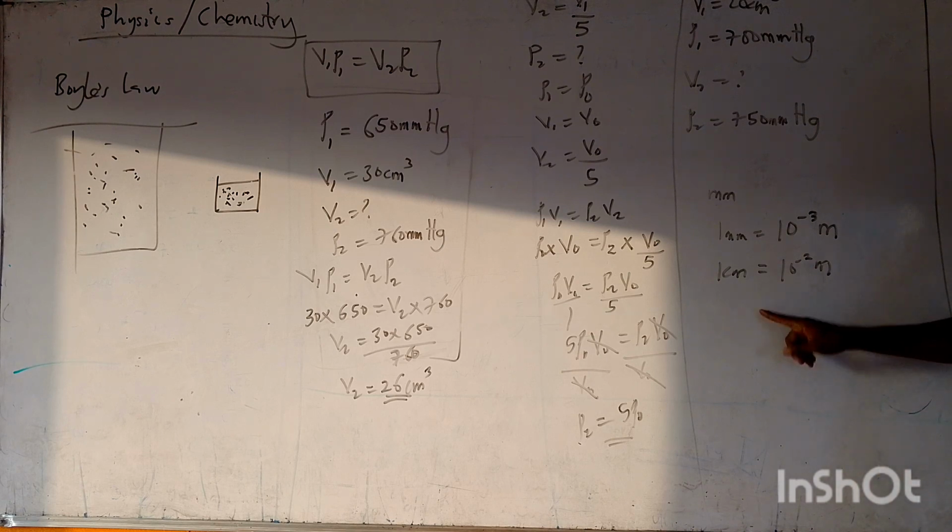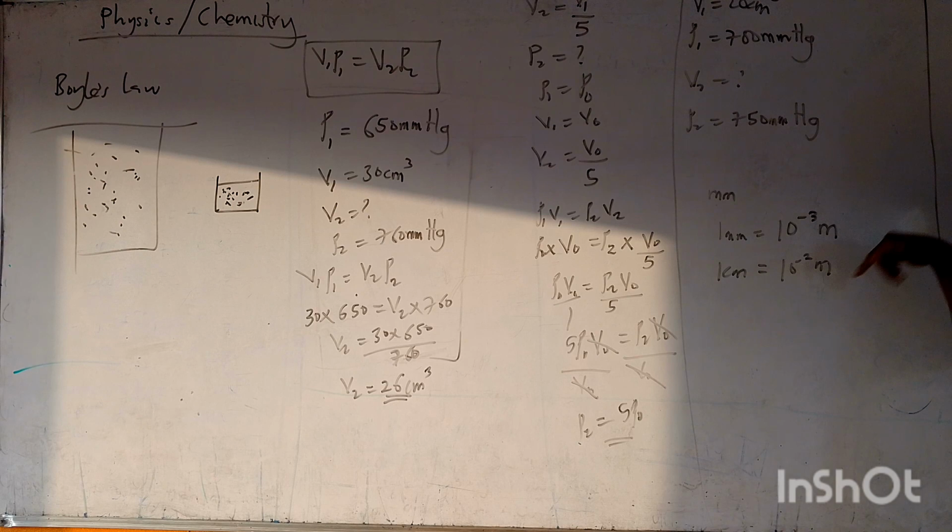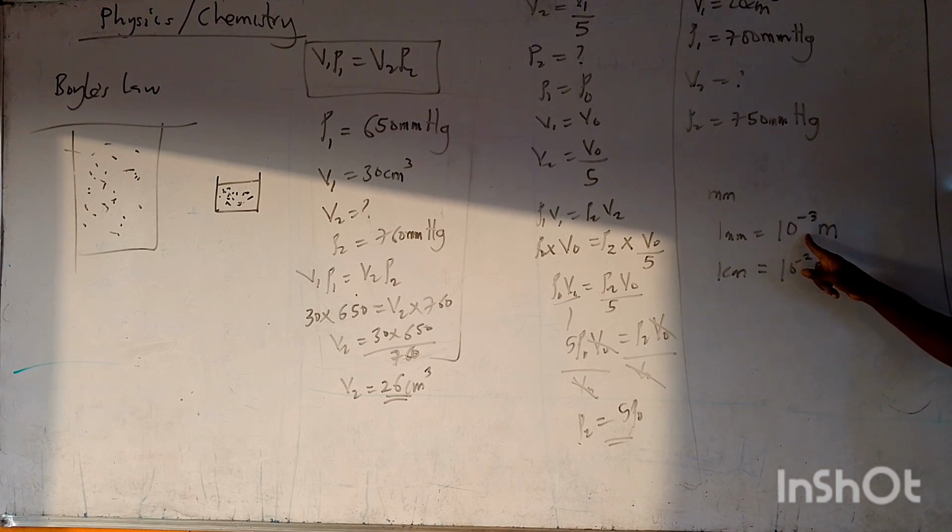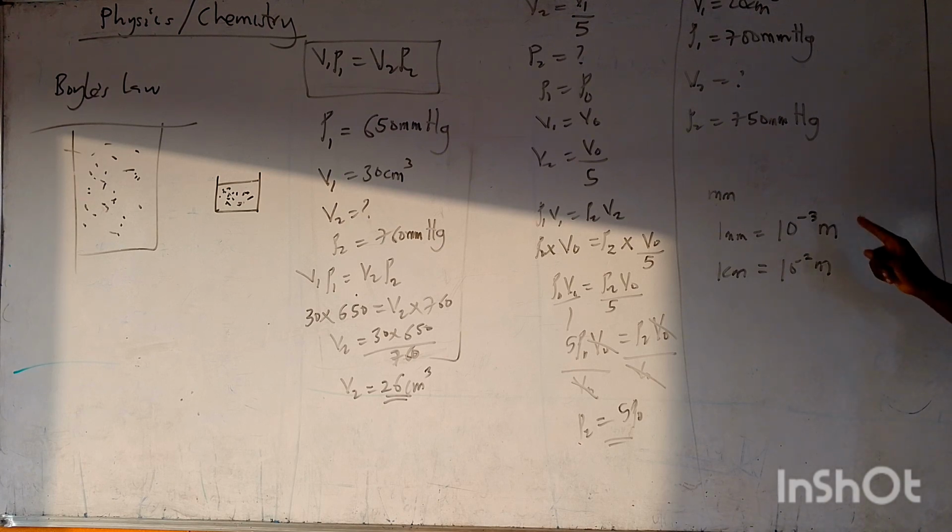If I want to make this one equal to this, I have to divide by 10: 1 over 100 times 1 over 10 will now be 1 over 1,000.